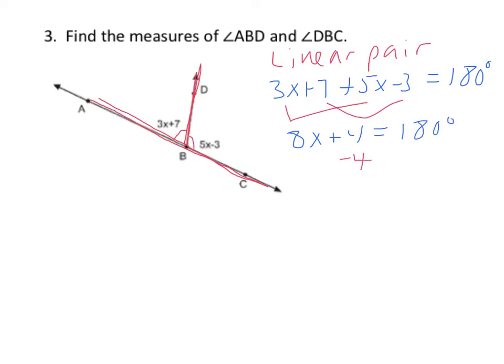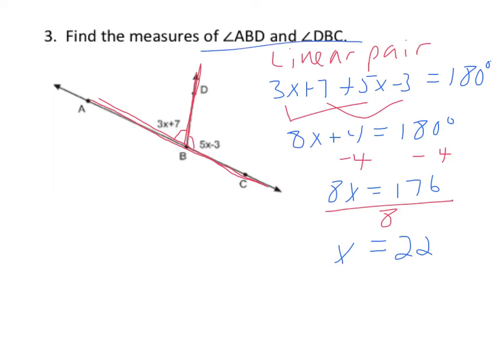Subtract 4, we have 8x equals 176. Divide both sides by 8, and x equals 22.